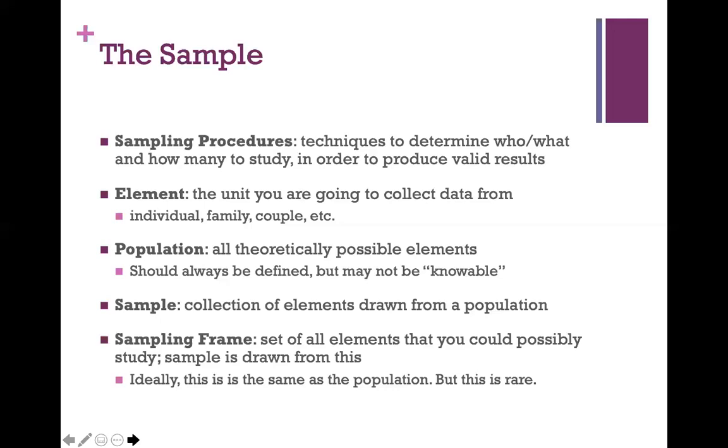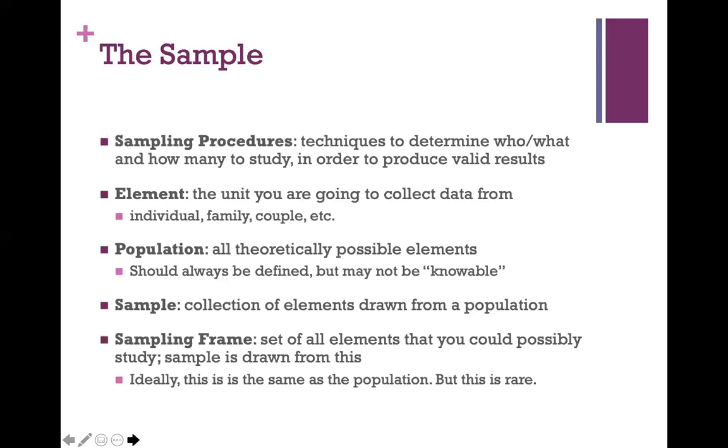No, probably not, because I haven't defined them as licensed or unlicensed. I could theoretically get a list of all licensed MFTs in Connecticut, but that would exclude folks who don't have their license yet, or perhaps are not currently practicing or currently licensed, but may still identify as MFTs. So we have to be really clear about who we are including or not including in our sample.